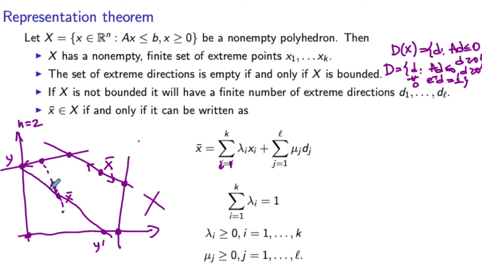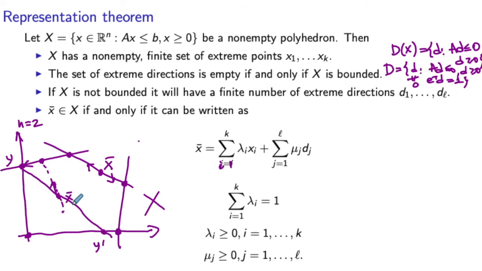Alright, so combining these 2 facts, that x bar is a convex combination of y and y prime, and then replacing y prime with the convex combination of these 2 points, we will obtain the proof that x bar is in fact a convex combination of these 3 points. Alright, so it will be a convex combination of 3 extreme points of our feasible region, and the statement is established for this case, and so on.